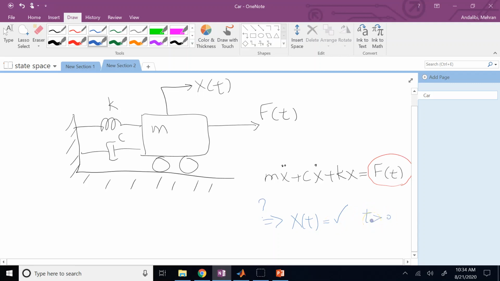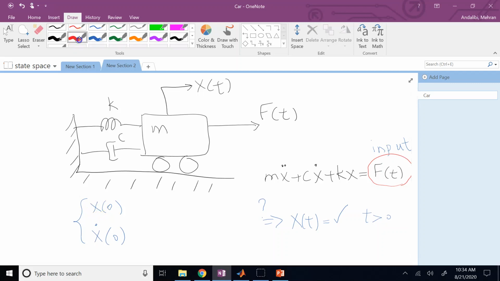Can I do that? No, I need two more pieces of information. What are they? Initial conditions, right? I also need to know x at 0 and what? v or x dot at 0. So in order for me to find the behavior of the system at any time point, not only do I need the input to the system, I also need to know the value of two variables, here position and velocity, at the beginning.